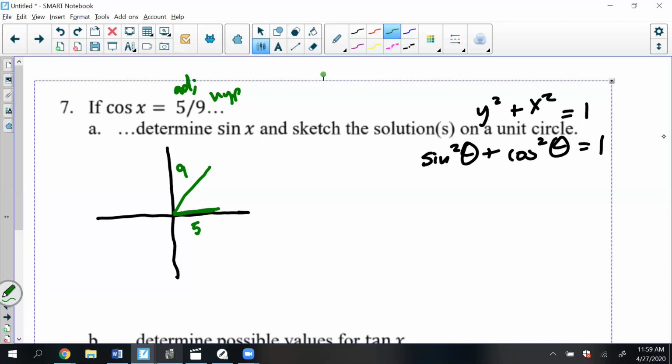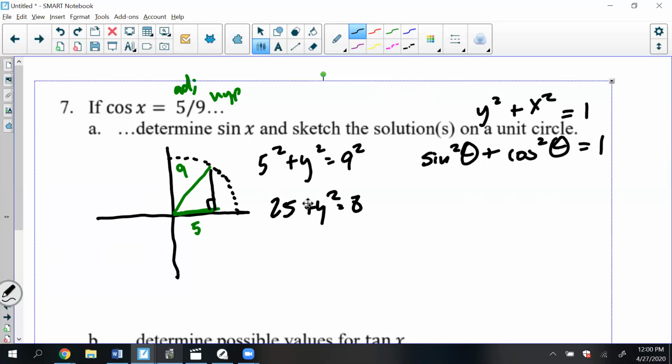So when I look at it like it's part of this bigger circle with a radius of 9, I can actually find this y direction, because 5 squared plus y squared equals 9 squared. So if I just do the Pythagorean theorem real quick, I get 25 plus y squared equals 81.